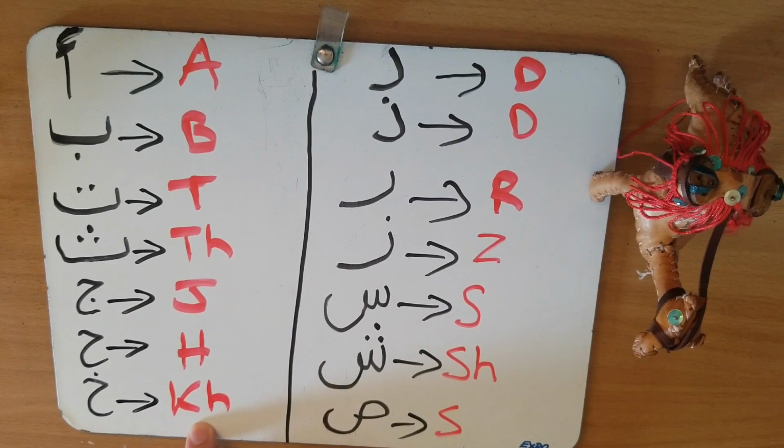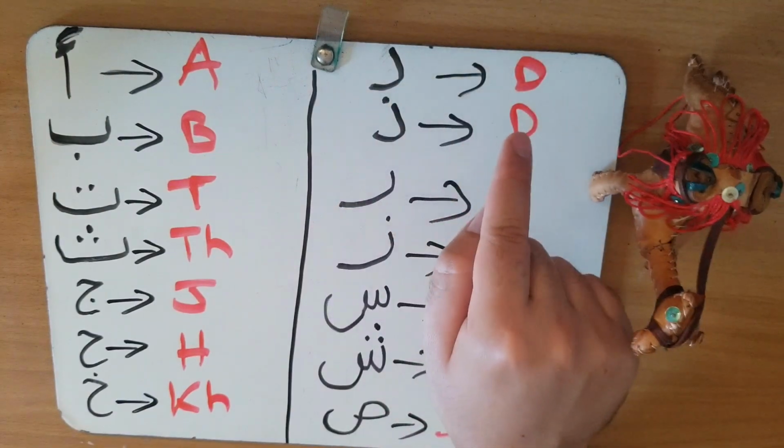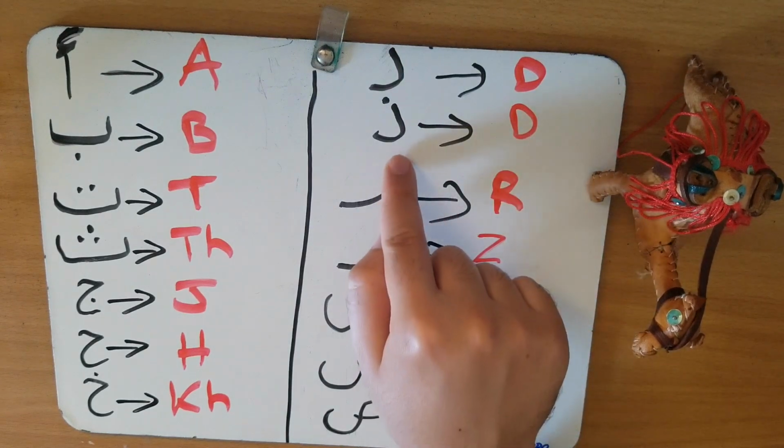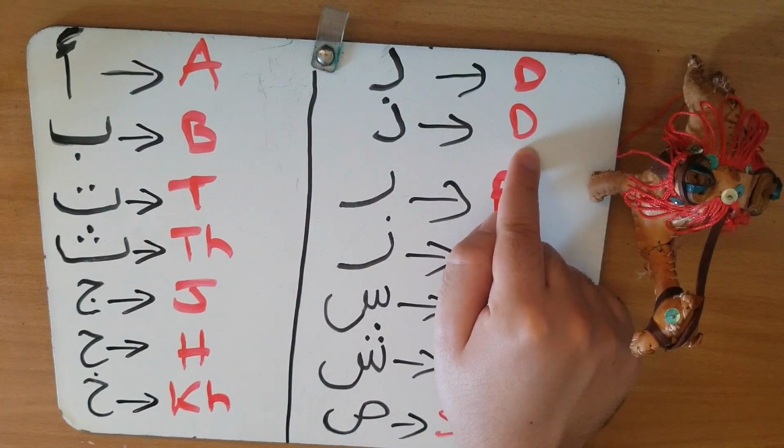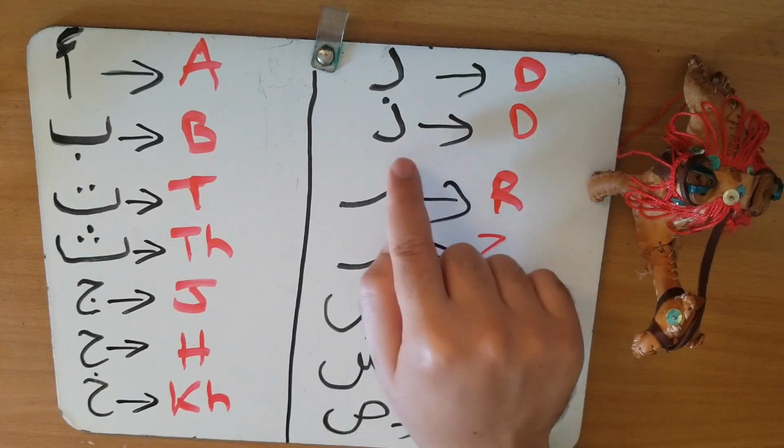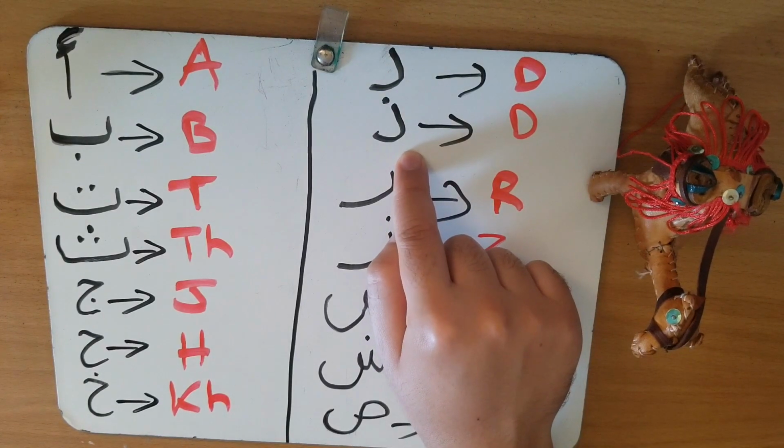We don't really have this sound in English, so it's a sound that you will have to work on. Dal comes from the D sound. Val also comes from the D sound, but with this one, you want to put your tongue to your top teeth before you pronounce this sound.